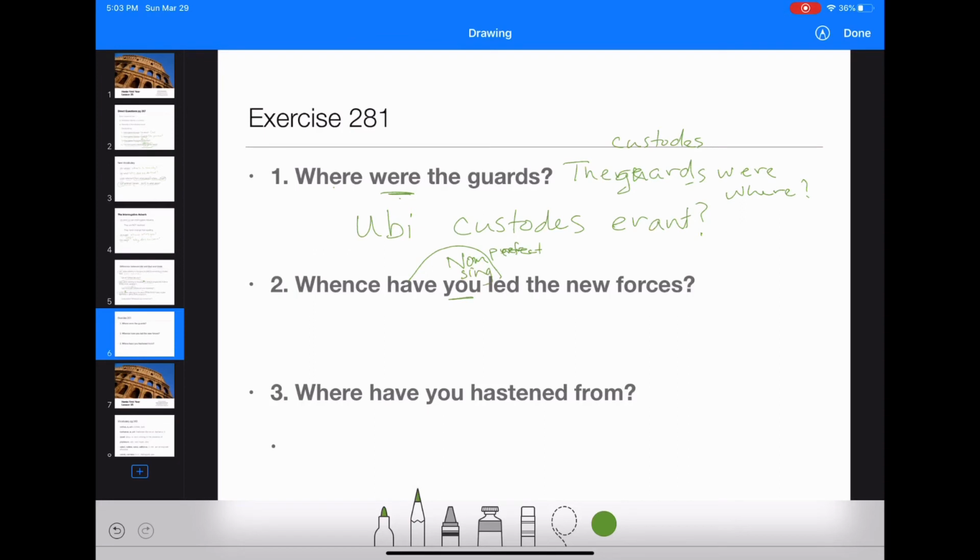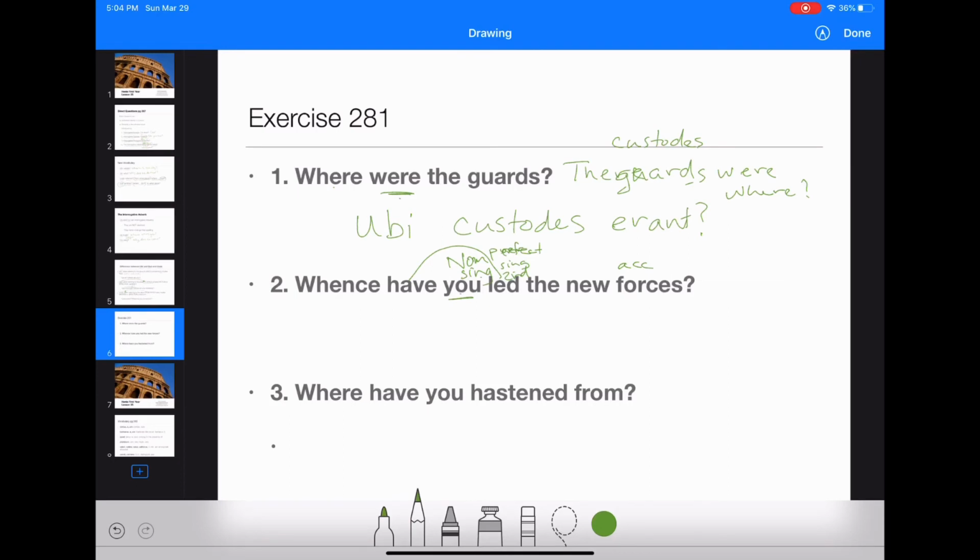So this will be in the nominative singular. Our verb will be in the perfect, and it will also be singular. And you, so it'll be second person. You have led who or what? The new forces. So forces is going to go in the accusative case because it answers who or what.